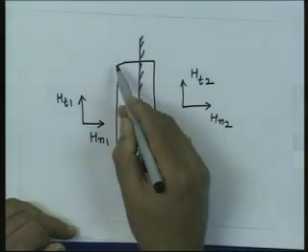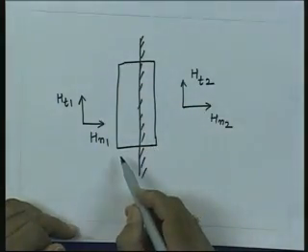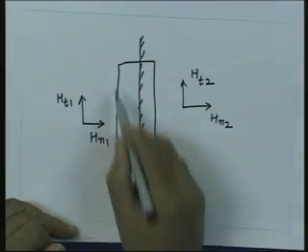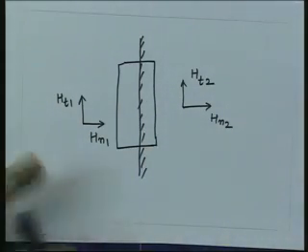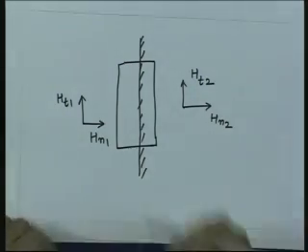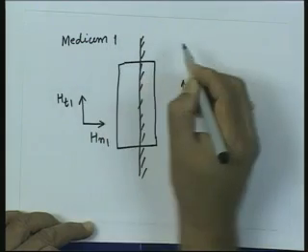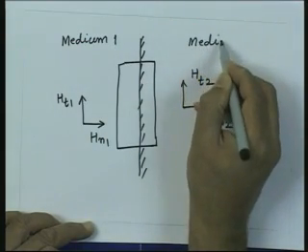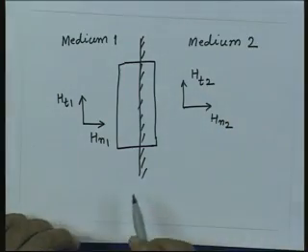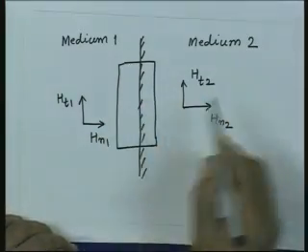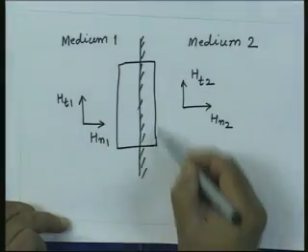I apply now Ampere's law around this loop. So, I find the line integral of H around this loop, which is the magnetomotive force around this loop, and that should be equal to the total current enclosed by that loop. So, this is medium 1, this is medium 2, and if I find the line integral as we did in the previous case, the contribution is going to come from this side and from this side.